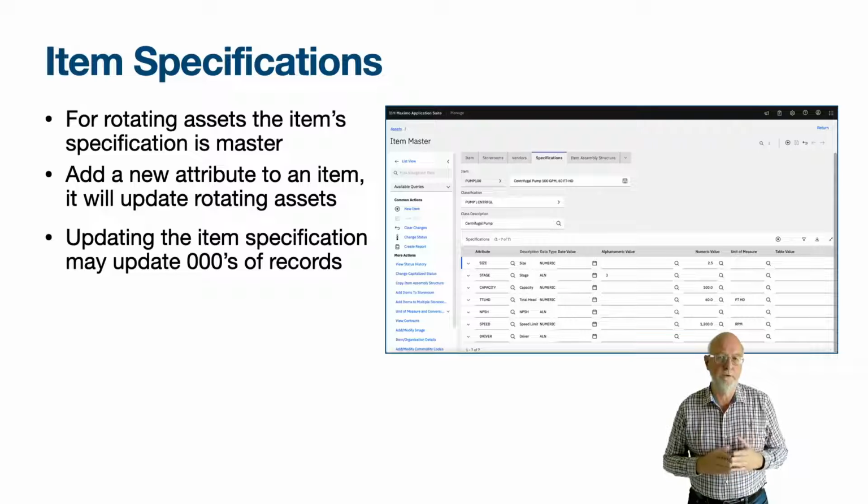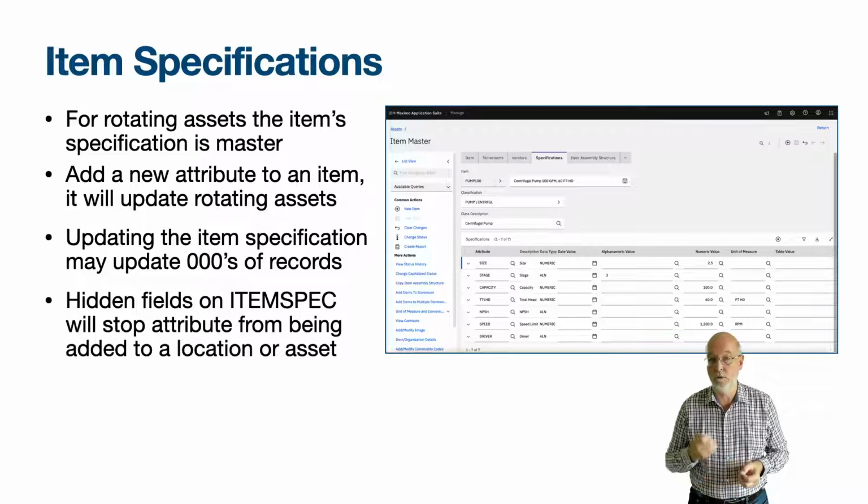But what if you never wanted an item specification attribute to be set on a location and or asset? Well, there are 2 hidden fields on the item specification object called item spec all asset specs use value, and all location specs use value. These two fields are defaulted to 1, and what they do is set the inherited from item field on the asset specification and the location specification record when the asset or location is associated with a rotating item and the classification is copied.